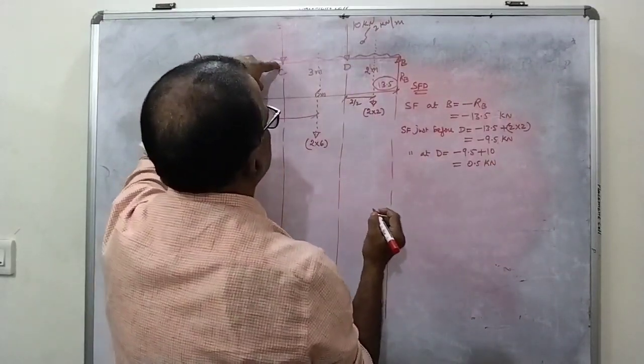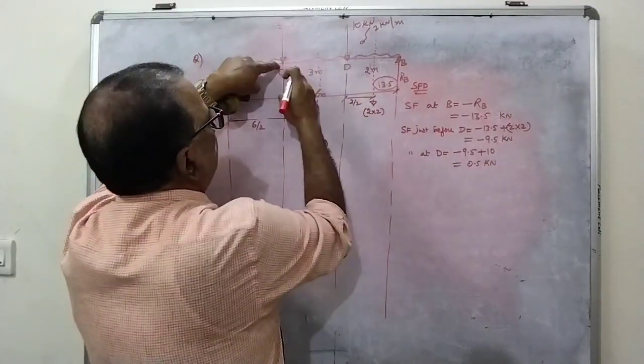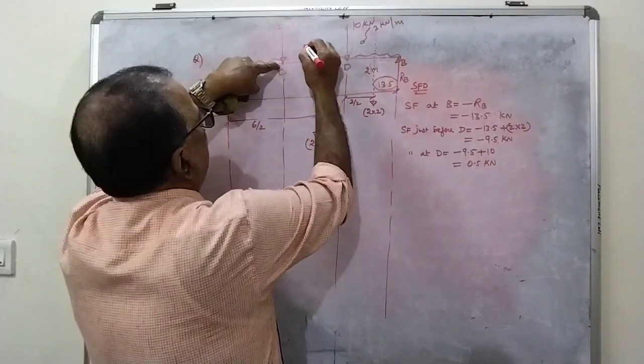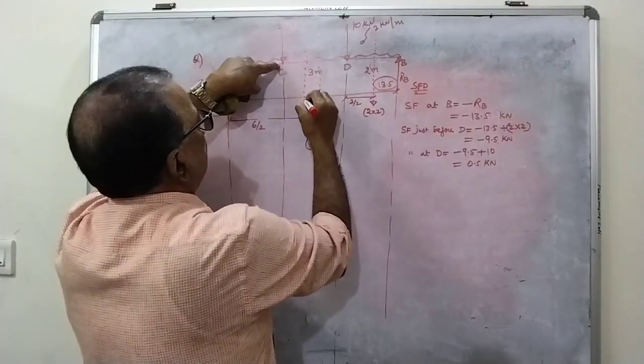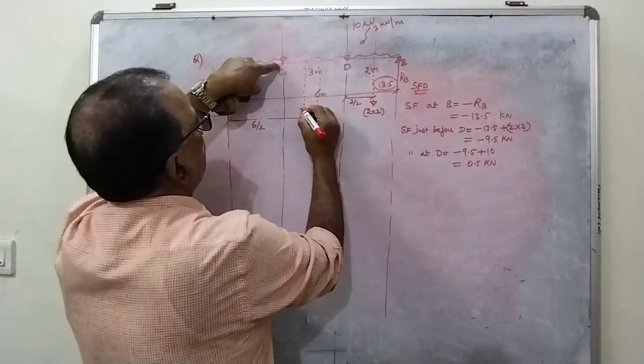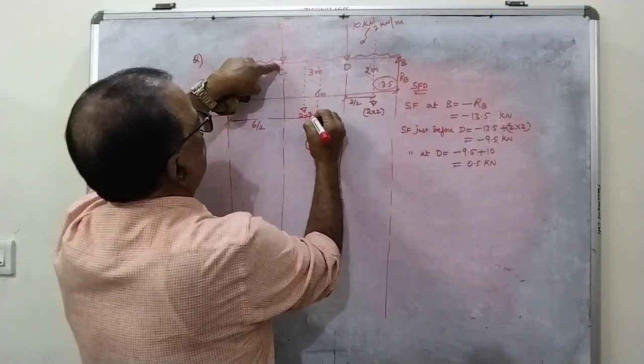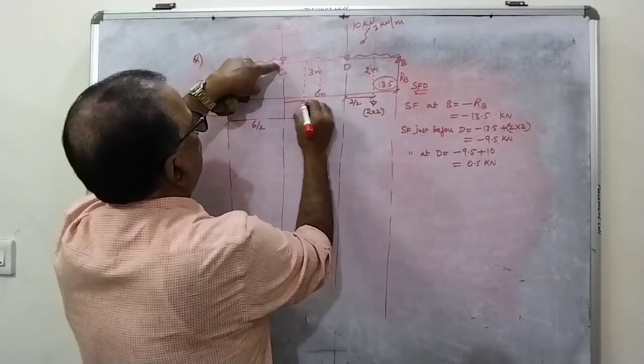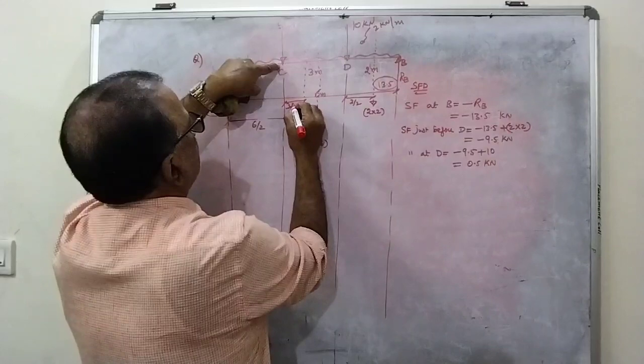Next, when you move to the C, once again in between you are getting a UDL here. So, what is that UDL? 2 into 3. What is the distance? 3 by 2.